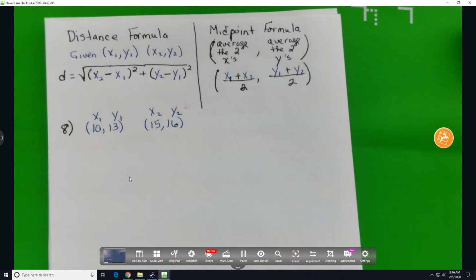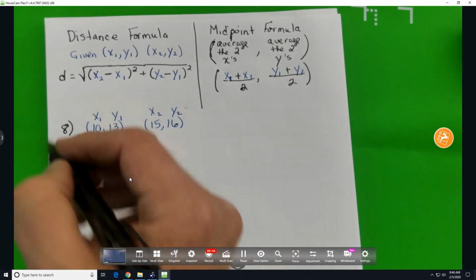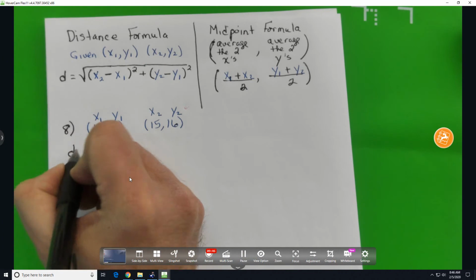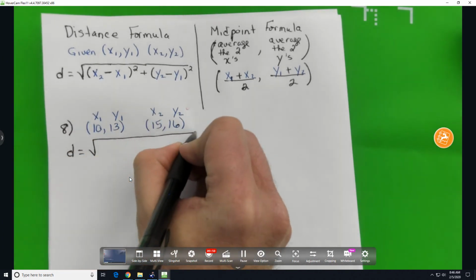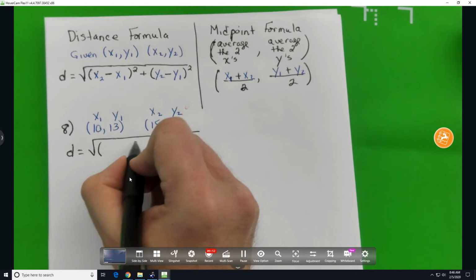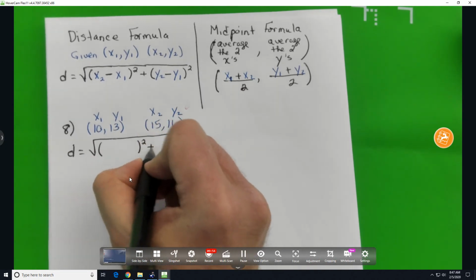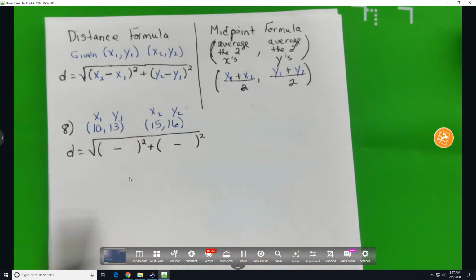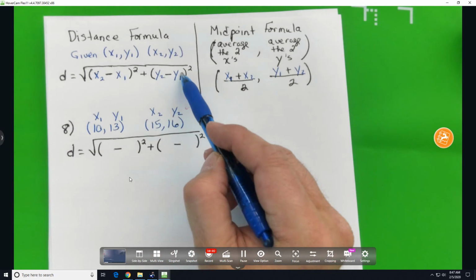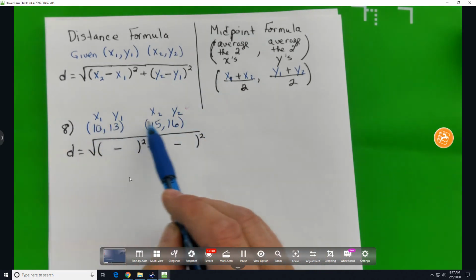Okay. Now we're going to just plug into that distance formula. Taking this formula, plugging these numbers into it.